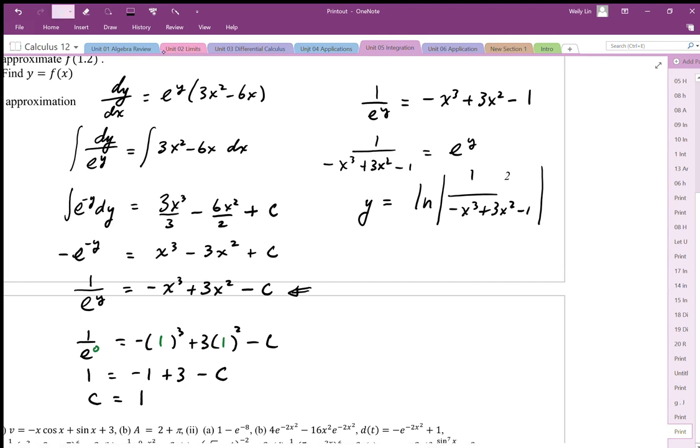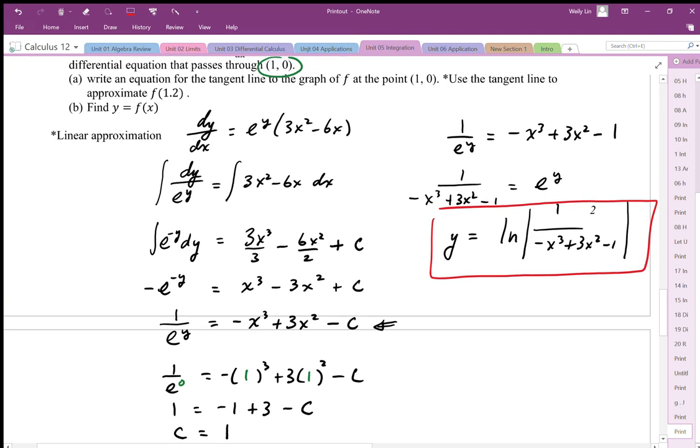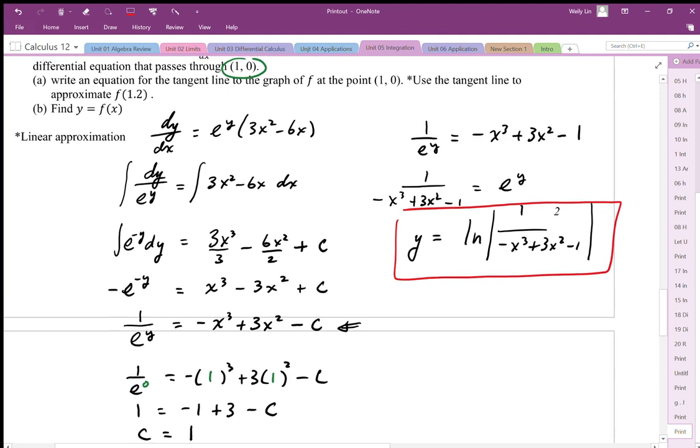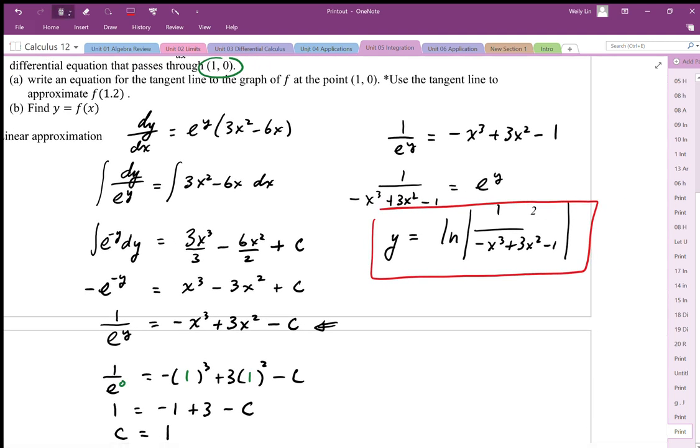I'm going to circle that. Okay, so we want to also find, so that's actually part B. So we want to also find the equation for the tangent line and then approximate a point at f of 1.2. So first of all, I don't really know what this graph looks like, but what we're looking at is some point here.